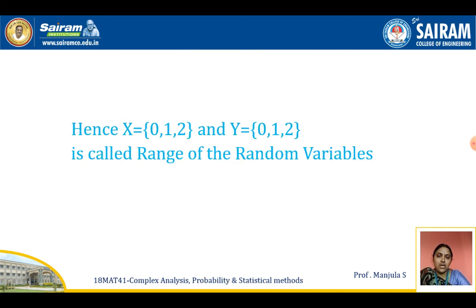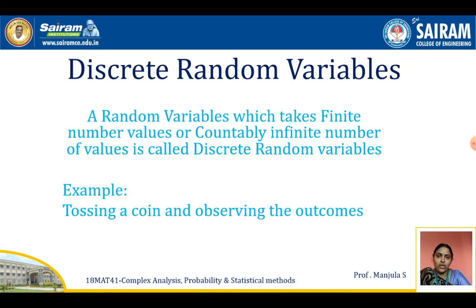So I represented the solution in terms of real numbers. Hence X equals 0, 1, 2 and Y equals 0, 1, 2 is called the range of the random variables. So this range represents the values I used: 0, 1, 2 represents the range of the experiment.